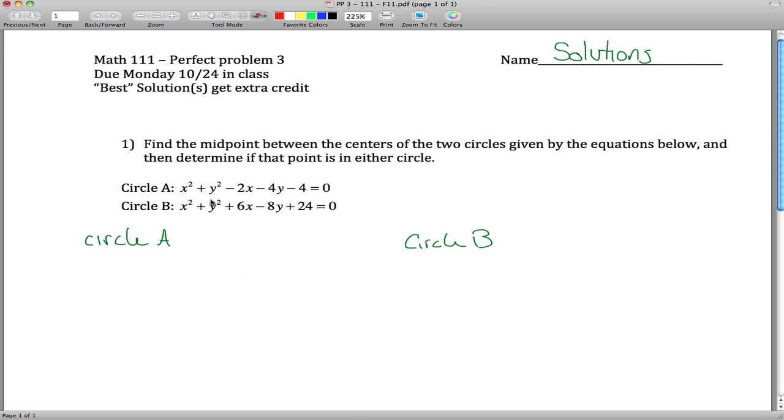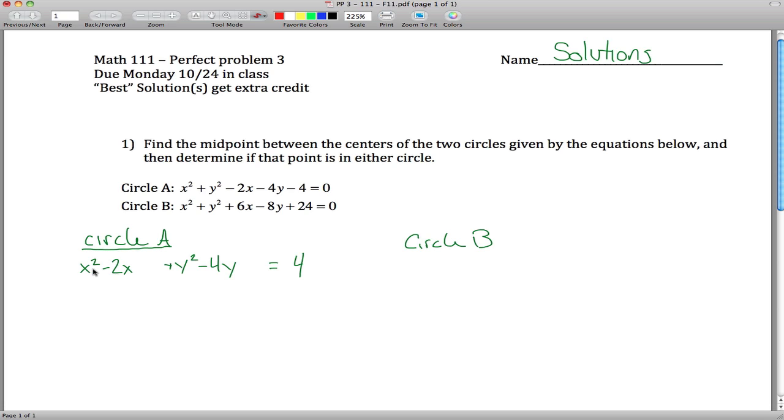Circle A, in this form it's kind of hard to tell where the center and what the radius are, but if we group the x terms on one side and the y terms over here, and add 4 to both sides so we don't have this minus 4 anymore, then we can complete the square on the x's and again on the y's, and we'll have it in our standard form.